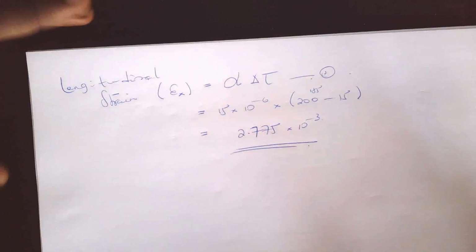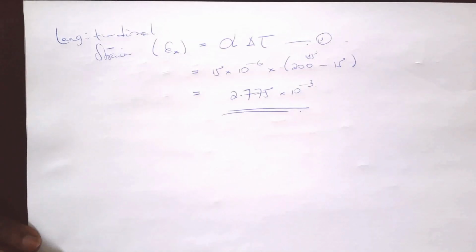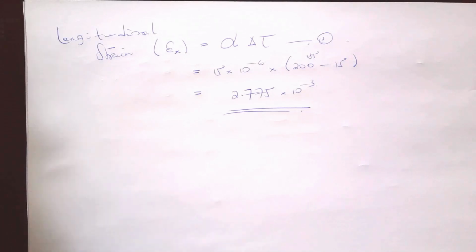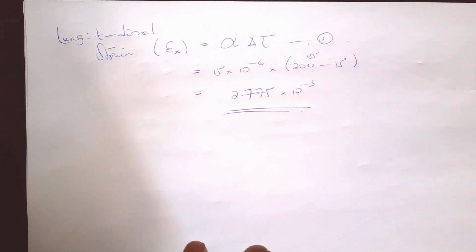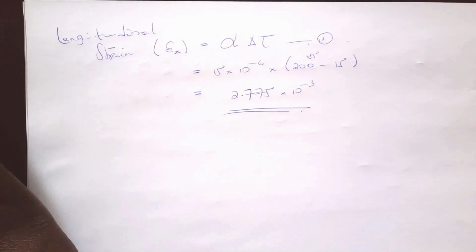I'm now going to introduce another property that will show the relationship between the longitudinal strain and the lateral strain. This is what we call the Poisson ratio. The Poisson ratio determines that.